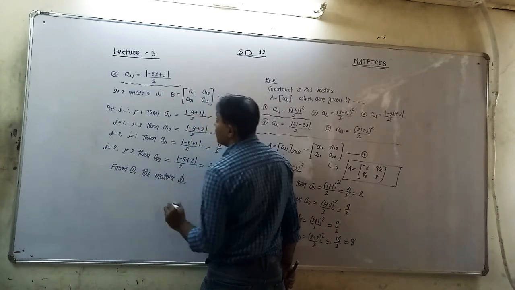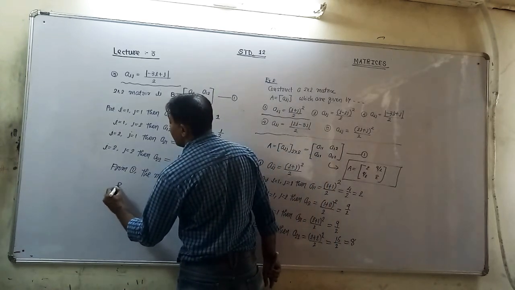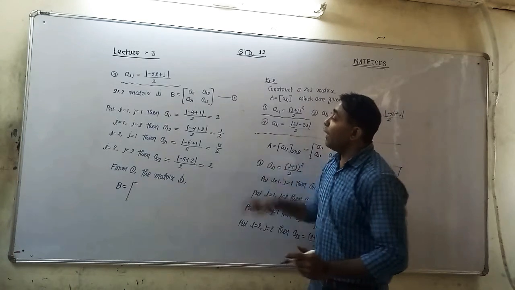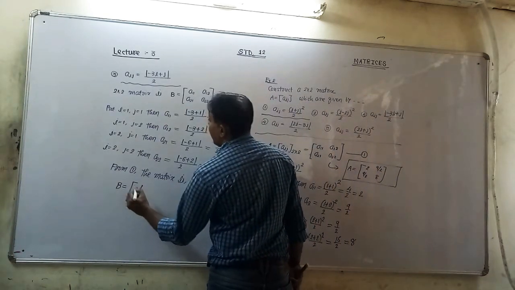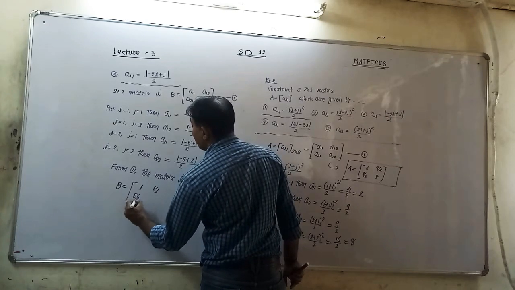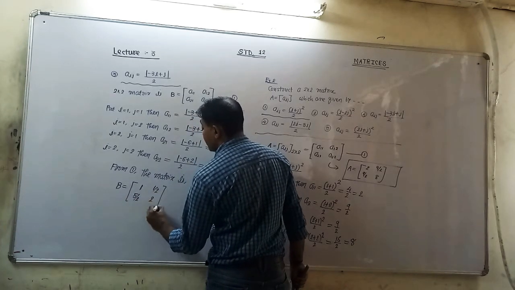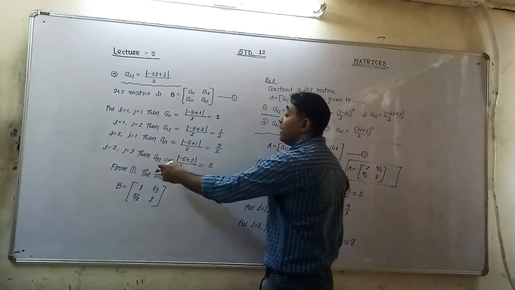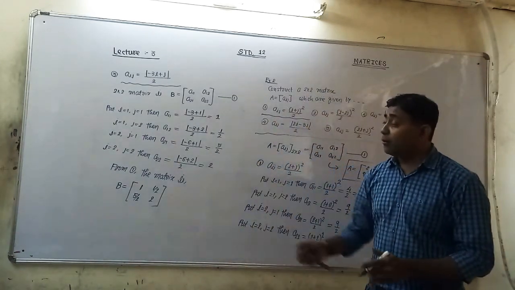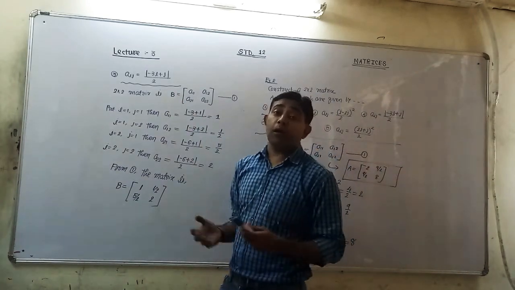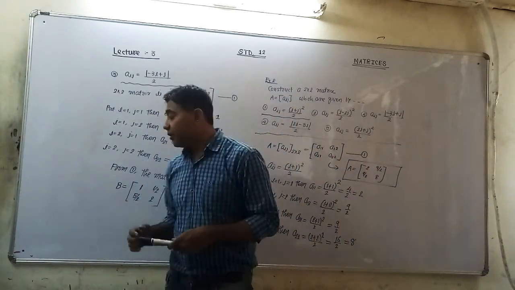Here I give the name of the matrix as B, then matrix B is: A11 is 1, A12 is 1 by 2, then 5 by 2 and 2. This is the matrix. See here, there are no negative elements because modulus is given, so all the elements are positive.